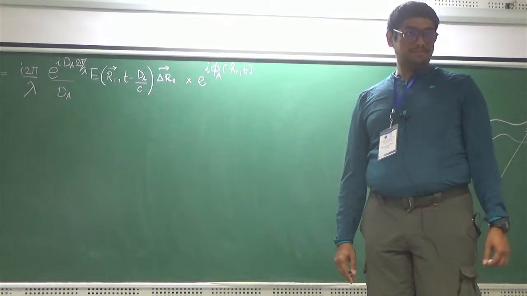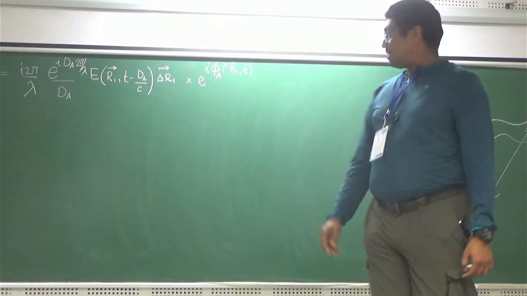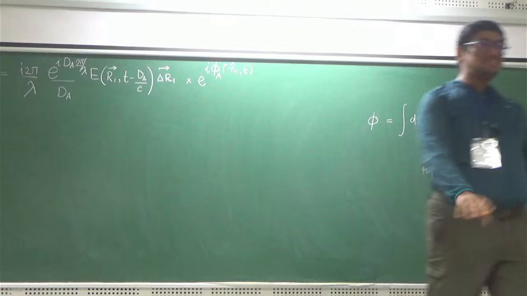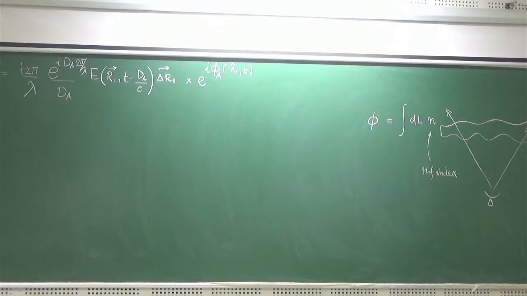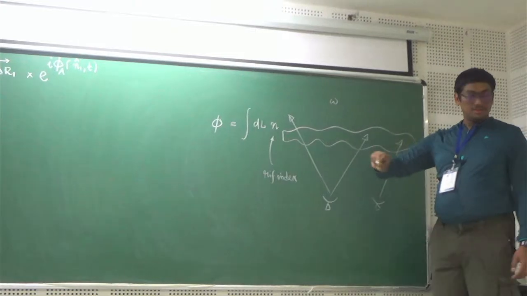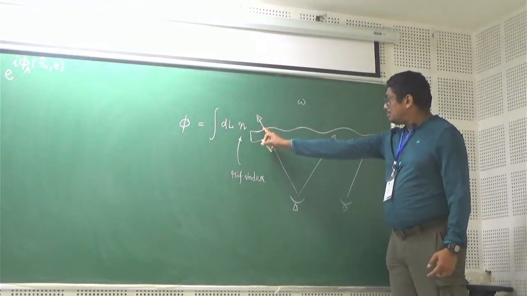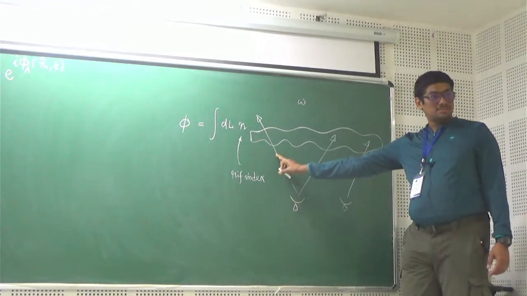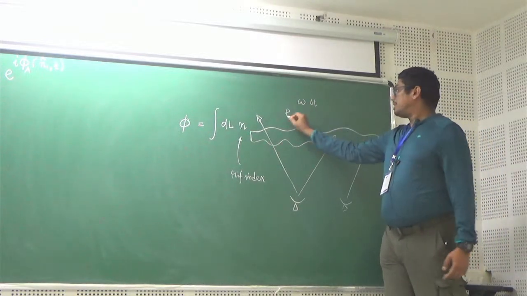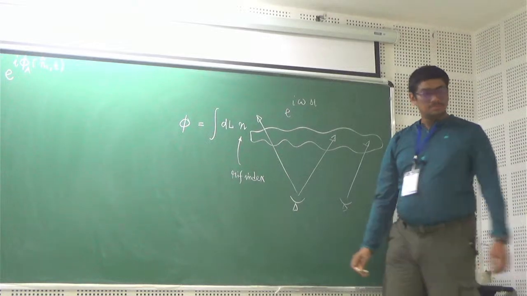Two things: one is the delay and the other is the phase. I have not written down the delay, so there should be a delay also. For this lecture, I am not considering it. The delay corresponds to the phase delay. If I am observing at a frequency omega, then it takes a little bit of extra time to come through this, and there will be a phase because of that extra time.